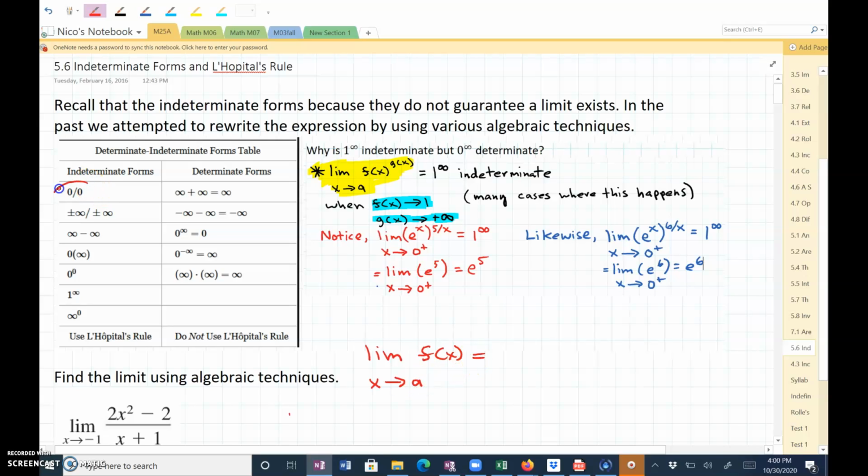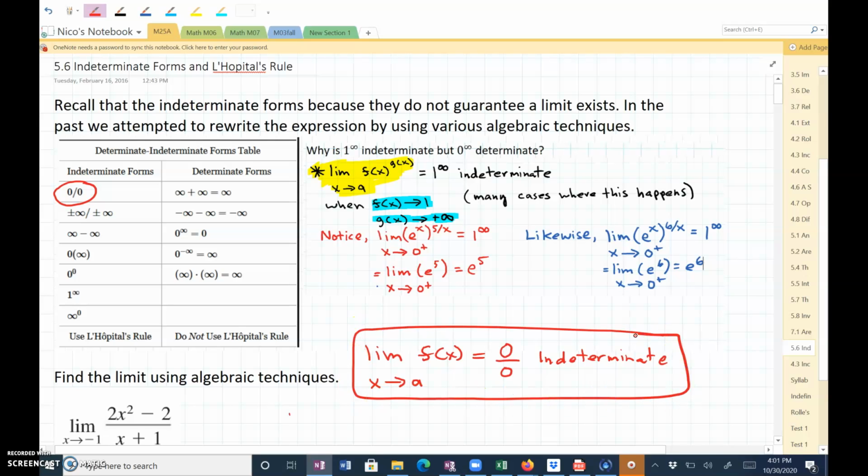For the first one here, if your result is 0 over 0, this is going to be indeterminate. Same thing for the next one here. If you get positive infinity divided by positive infinity, or negative infinity divided by negative infinity, or any combination there, that's going to be indeterminate.